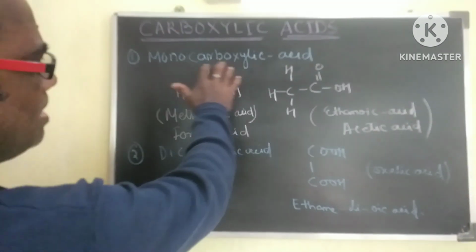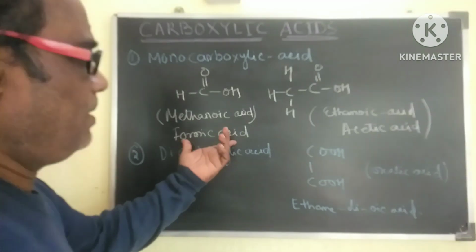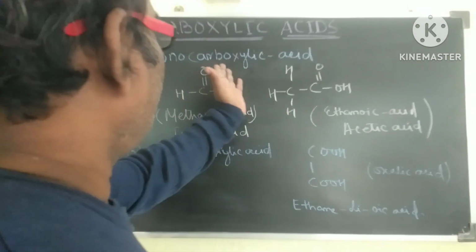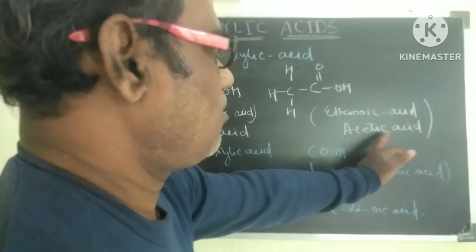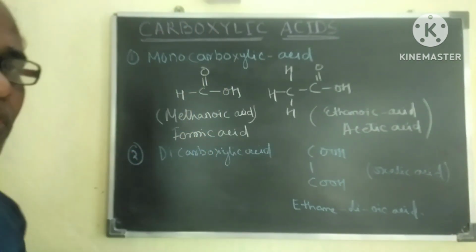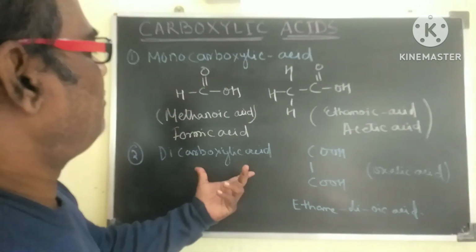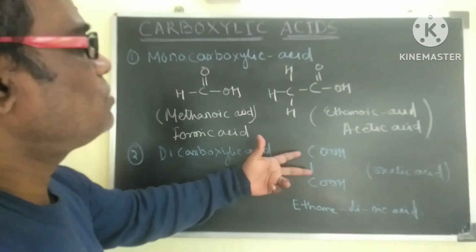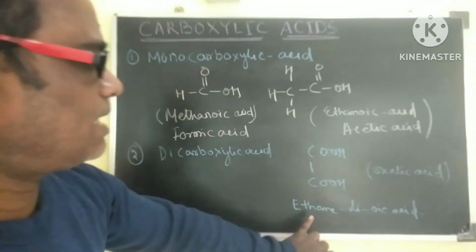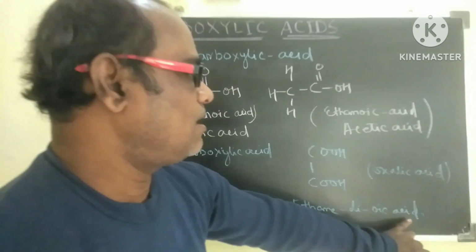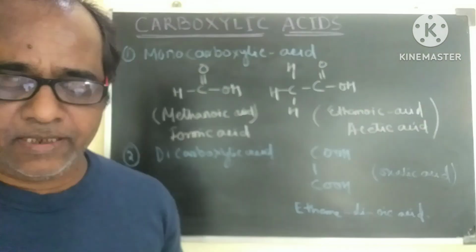Here we have a single carboxylic acid, that is methanoic acid, or we can say also formic acid, and here also we have a single carboxylic acid, that is ethanoic acid or acetic acid. As I have said earlier there may be two types. One more is if a compound contains 2 COOH, then it becomes oxalic acid, which we can also write as ethanedioic acid.